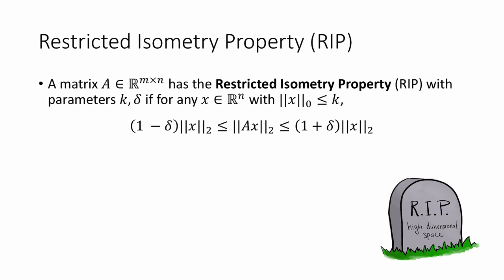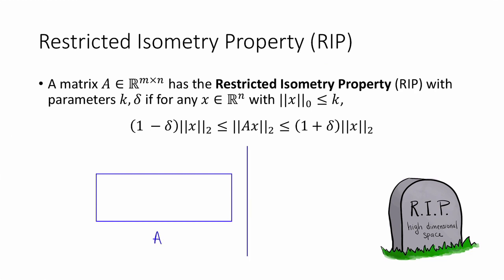This property is called the restricted isometry property because restricted to each k-dimensional coordinate subspace, the map A times x is approximately an isometry. That is, suppose that this is my matrix A. So A is short and fat.